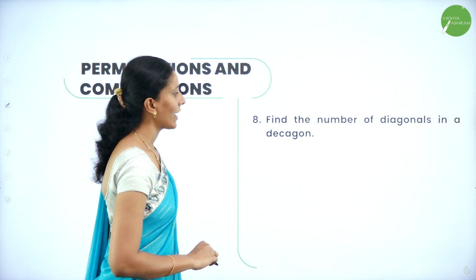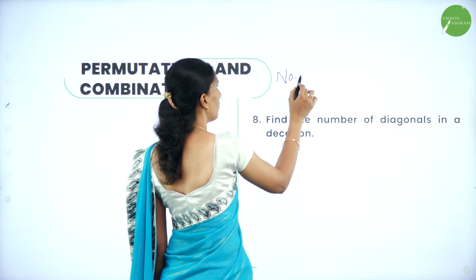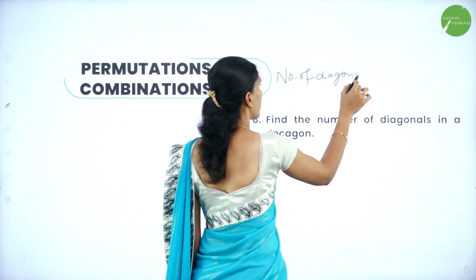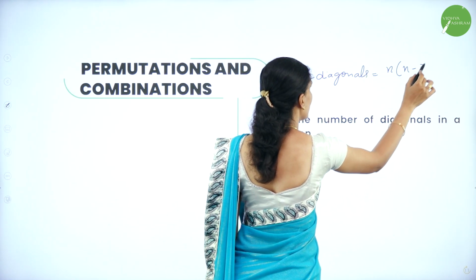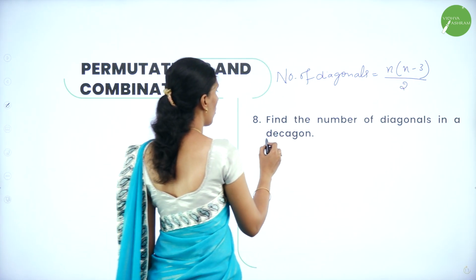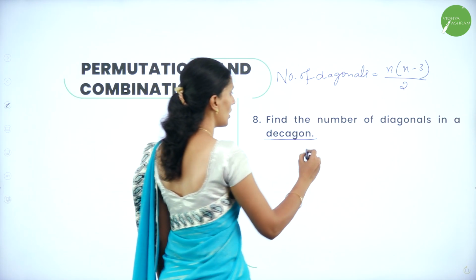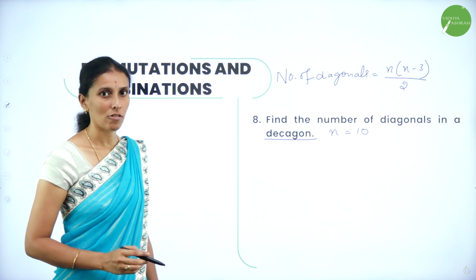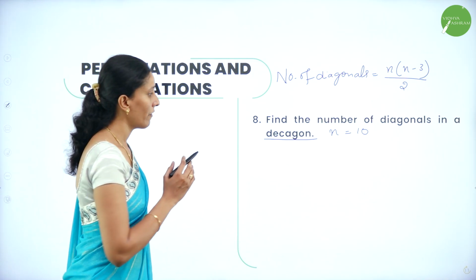Find the number of diagonals in a decagon. What is the formula to find the number of diagonals in a polygon? That is n into n minus 3 by 2. Remember this formula. What is given here? Decagon. How many sides does a decagon have? That is n is equal to 10. Hexagon is 6, octagon is 8, nonagon is 9 and decagon is 10, so you should be very careful.